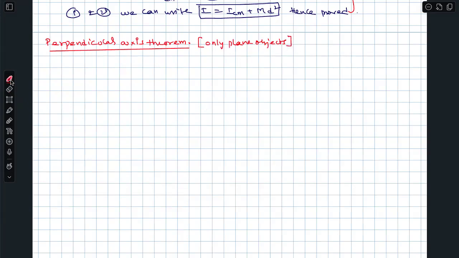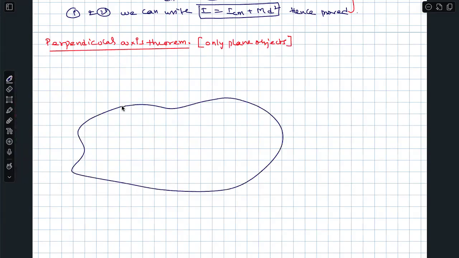Now imagine this is a plane lamina. X-axis, Y-axis.